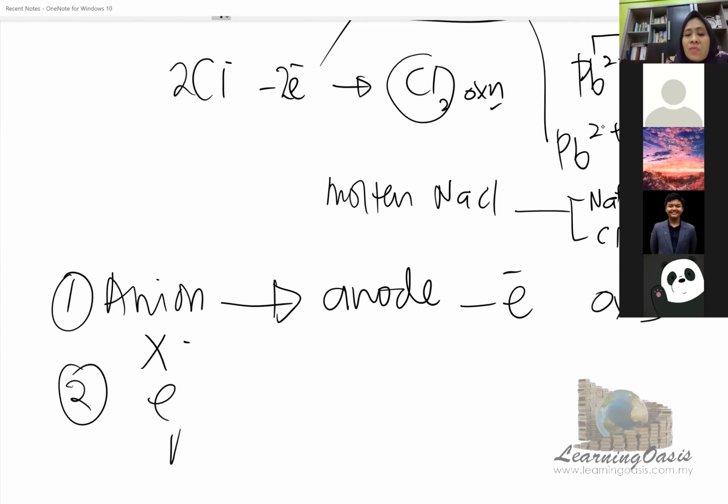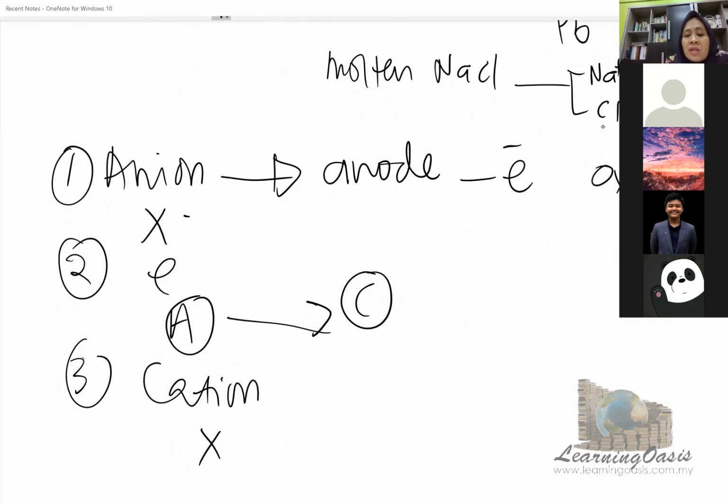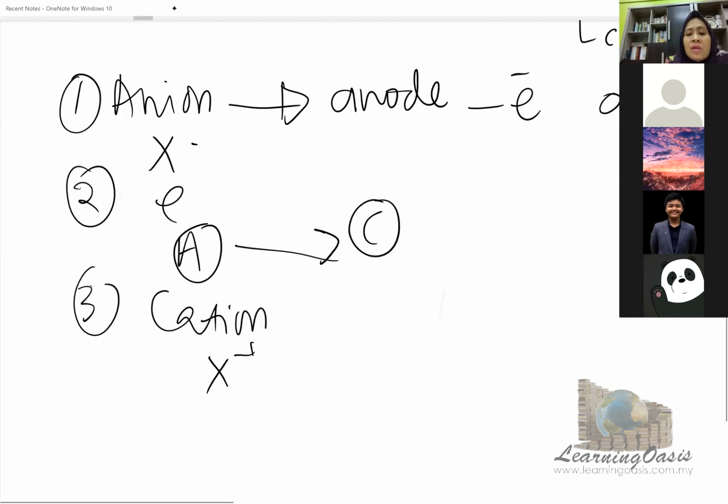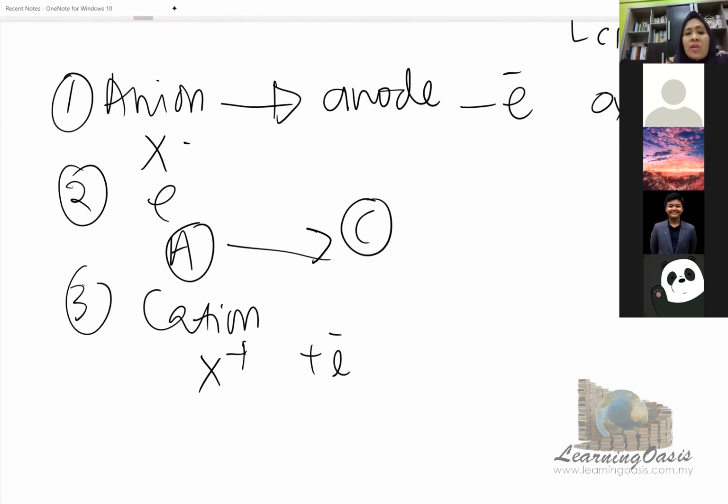Electron travels from the anode to the cathode, right? What else you have to remember about electrolysis? Cation, which is a positive ion, right? Cation will be attracted to the cathode and gain electron.